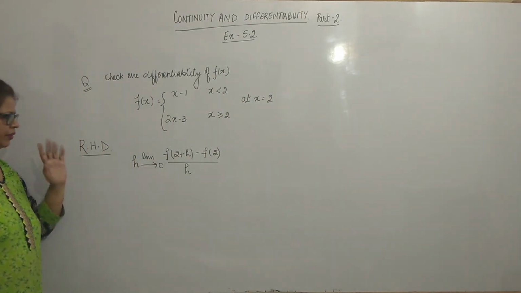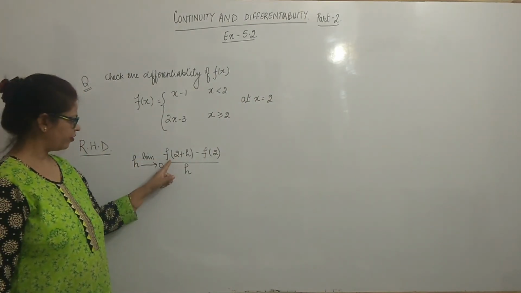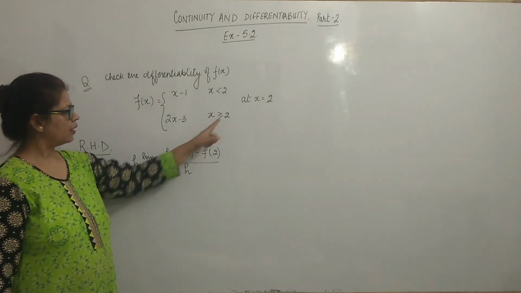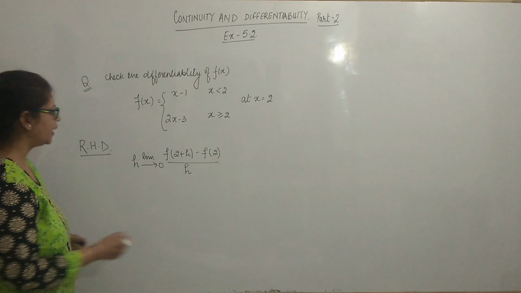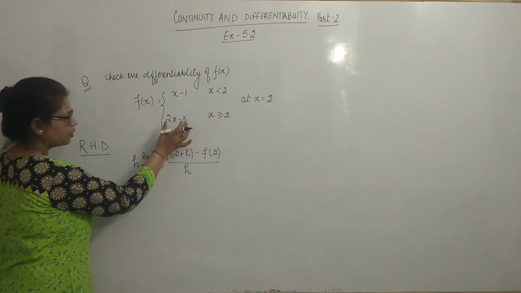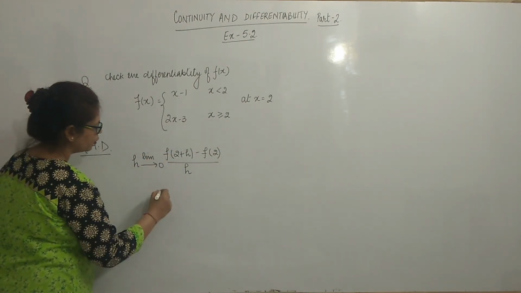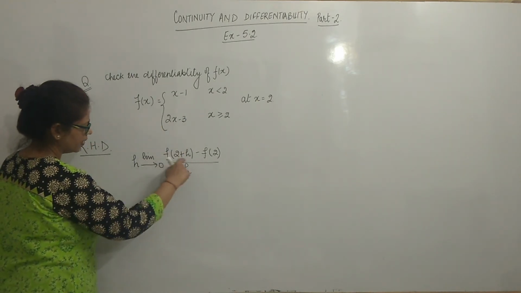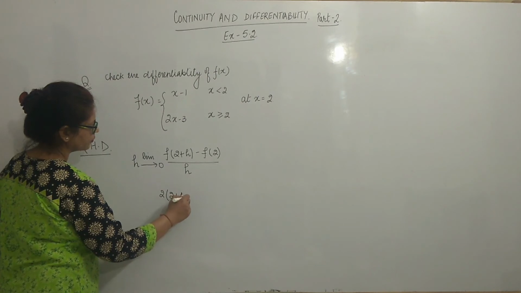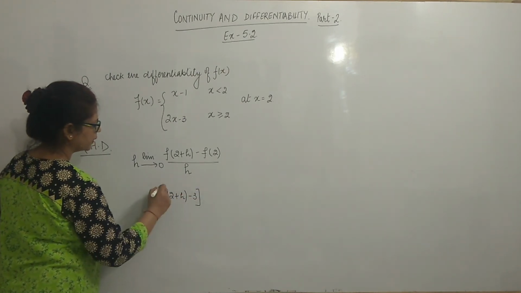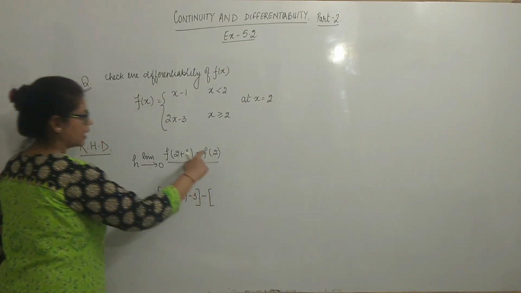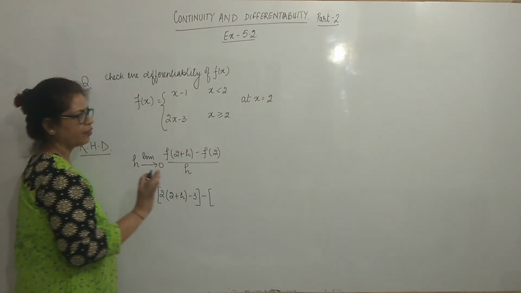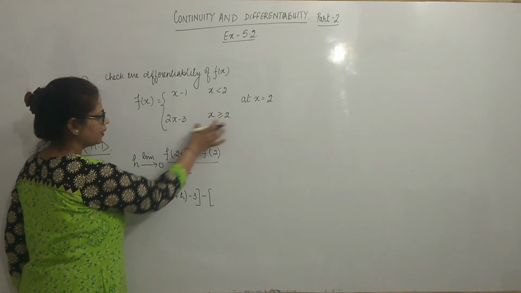Right hand derivative. h approaches 0. f(2 plus h) minus f(2) divided by h. 2 plus h means x is greater than 2, so we will take the function 2x minus 3. So 2 into, in place of x we write 2 plus h, minus 3. Right? f(2) means the value of the function at x equal to 2. Look carefully, x equal to 2 occurs in this slab.